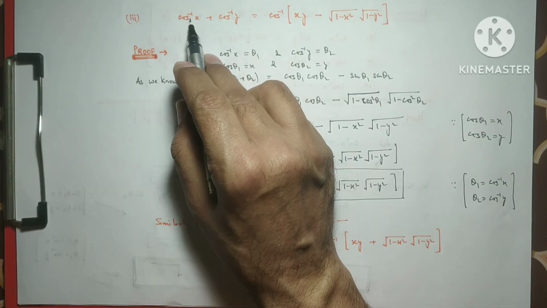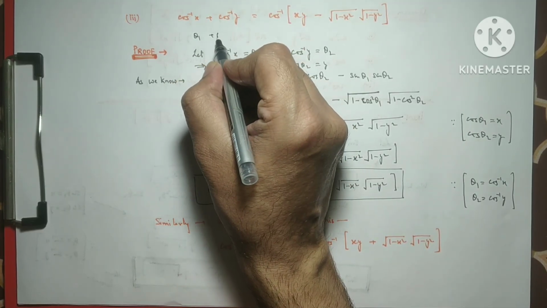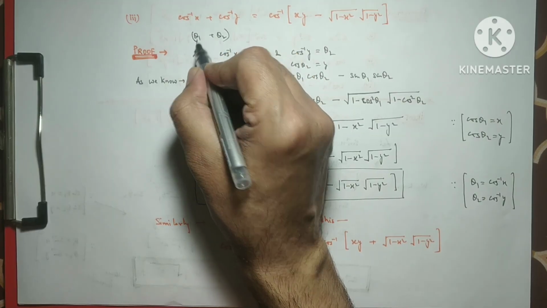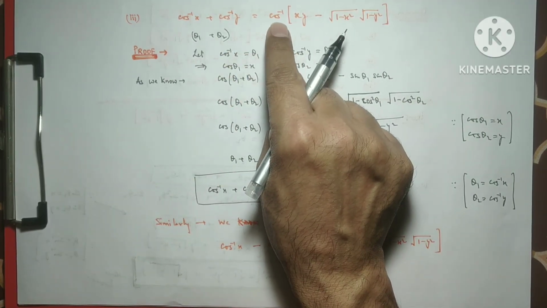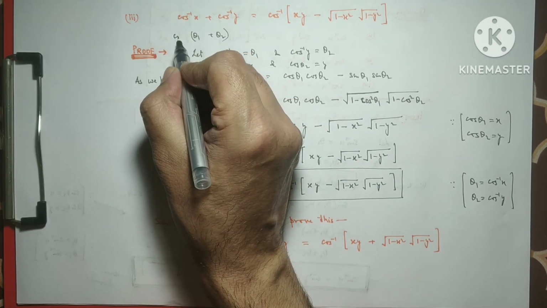It is angle theta 1 and this is the angle theta 2. So this becomes theta 1 plus theta 2, and when we take cos inverse back on the left hand side, this becomes cos.